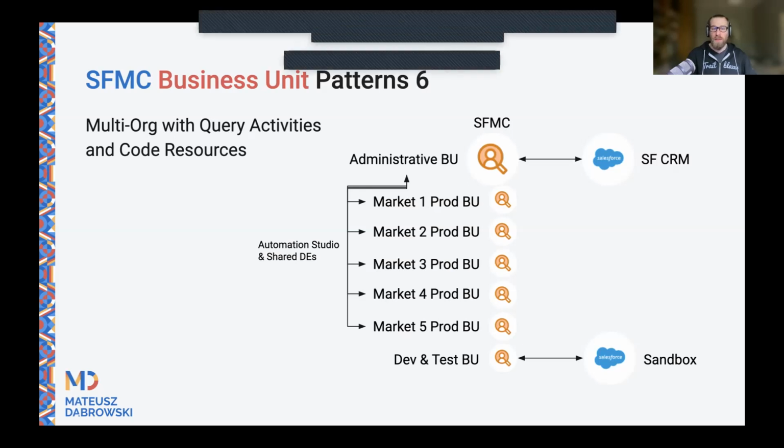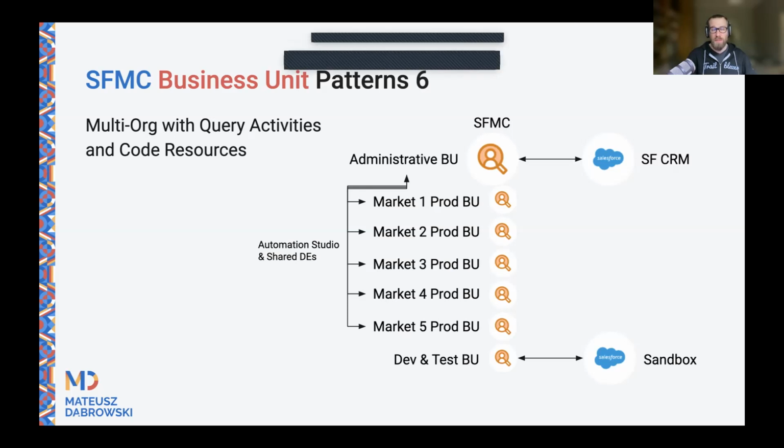This is cool because from the integration point of view, there are just 2 integrations between this business unit and CRM and this business unit and CRM. The rest is not integrated, but is getting the data through the Automation Studio. However, there is, of course, the limitation that it takes more time, because not only is there the 15 minutes integration time needed for moving the data from the CRM to the parent business unit, but you also need the time to move it from the parent to the children, which is at least an hour for the automation.